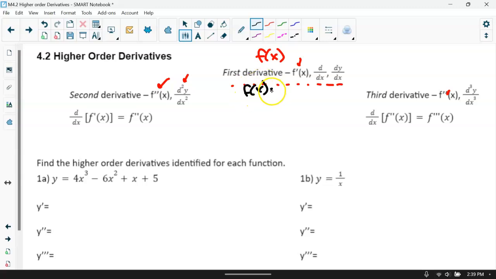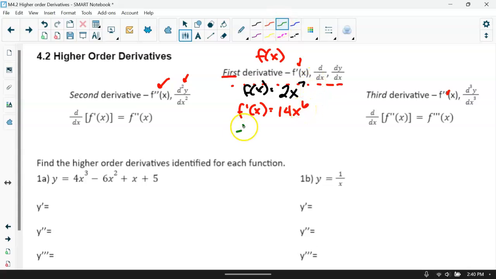Let's say, for example, we are given the function f of x equals 2x to the 7. Then the first derivative, which is what we're used to, is 14x to the 6. Our power rule: bring down, multiply by that constant multiple, our coefficient, and subtract 1 to get 6.